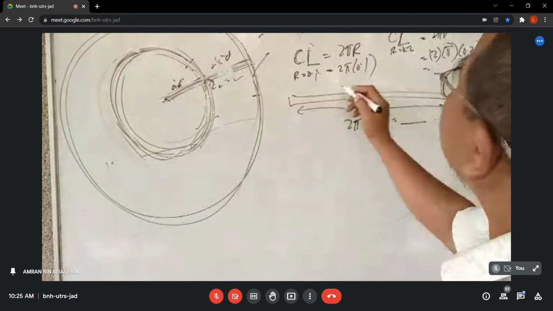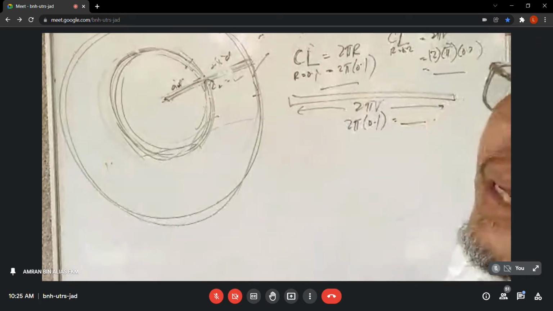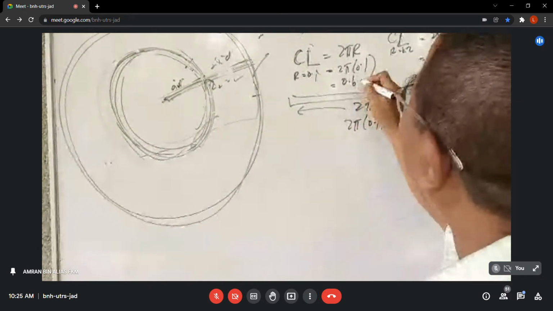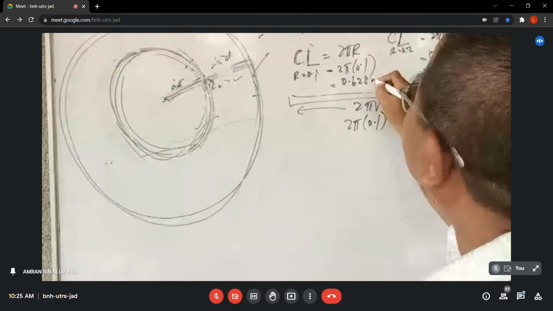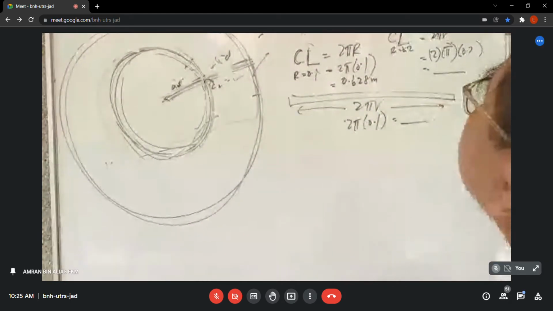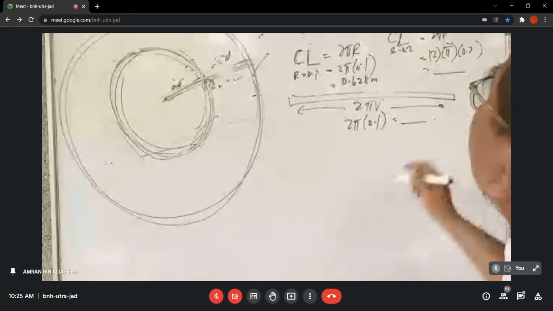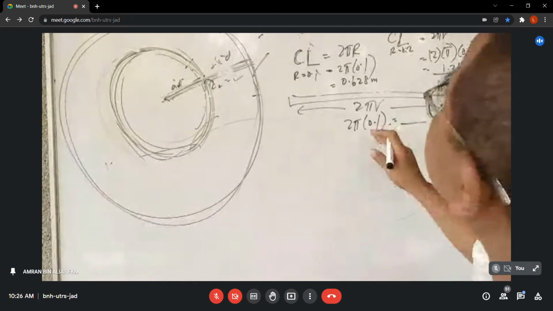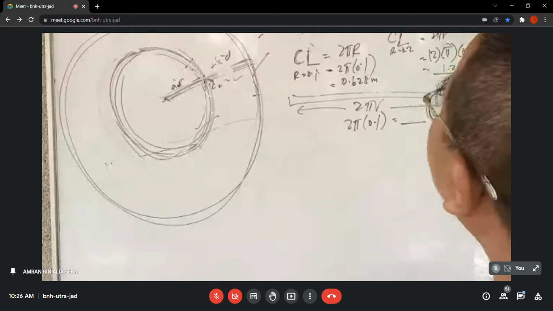What's the value there? For 0.1 is 0.628 meter. The other one? 1.257 meter.